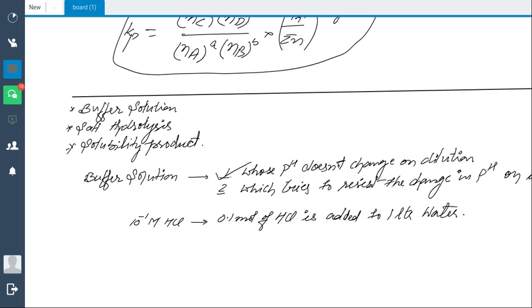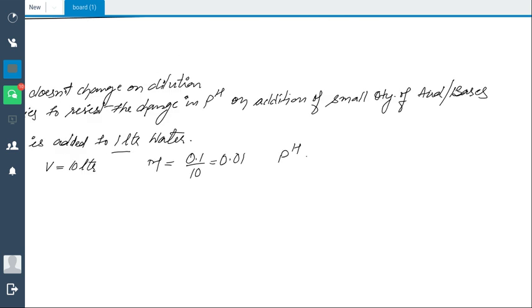Okay. Now, see, this is 1 liter water. Volume over here is 1 liter. If I add 9 liter water to it, the volume will become how much? 10 liters. And in that case, the molarity will become 0.01. And the pH will become 2.